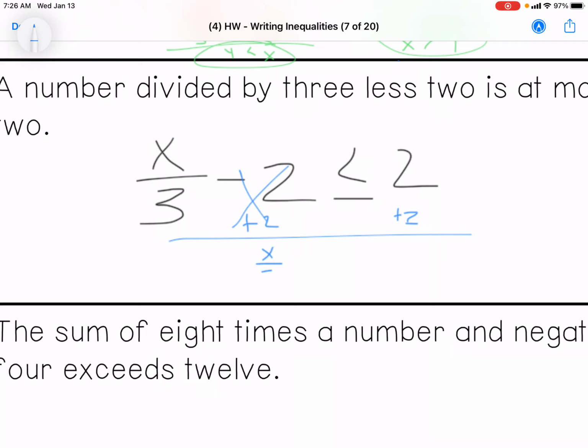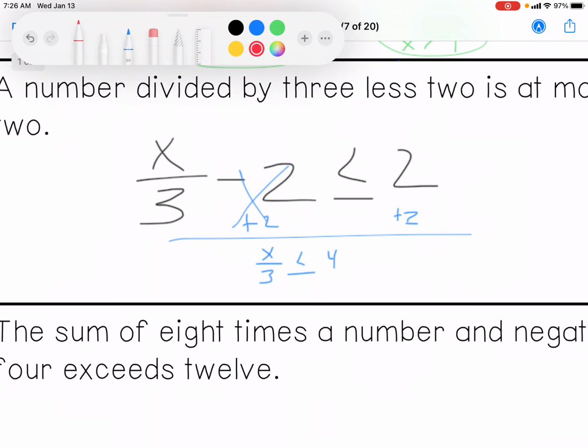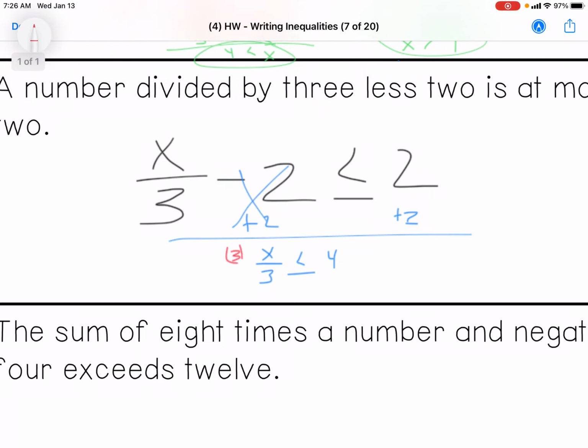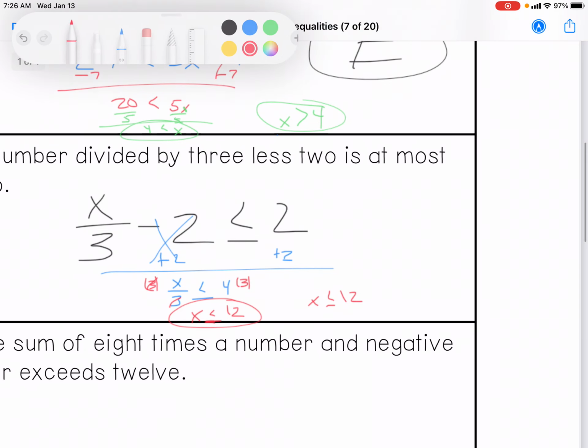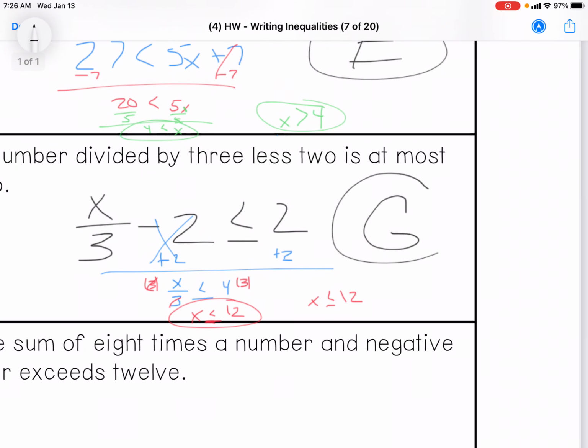Get X over 3 is greater than or equal to 4. Multiply by 3. X is less than or equal to 12. And if you go down to the bottom, I believe that is G for grandma.